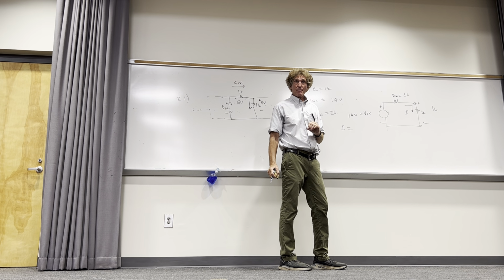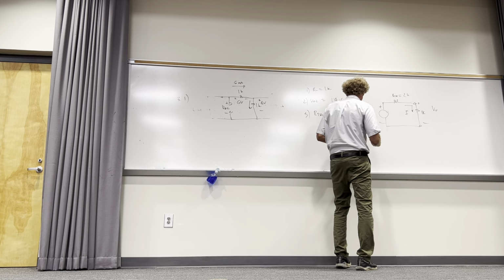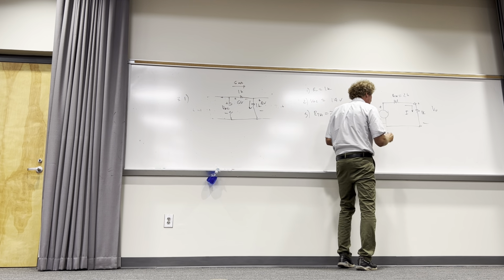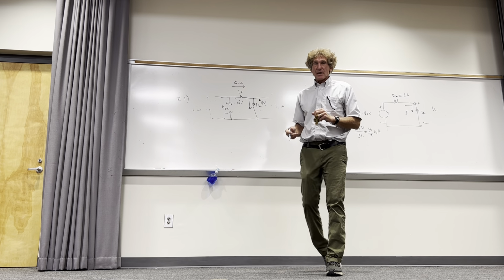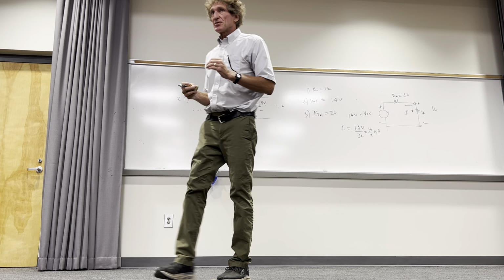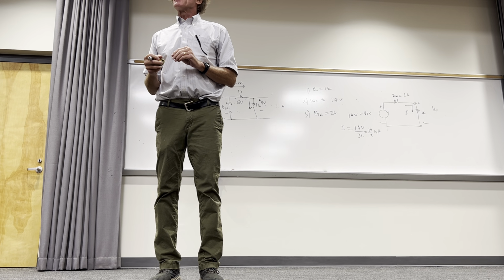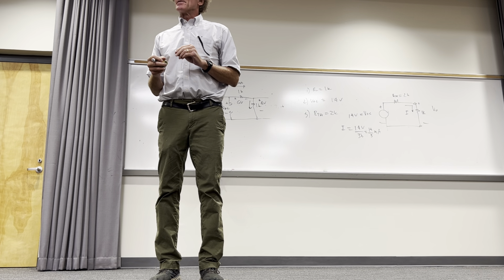Does everybody see that? Specifically for this one, it's 14 volts divided by 3K, or 14 over 3 milliamps. And that would be the answer to that one. But it's important that you have an appreciation of how to do this. Now I'm going to show you a couple of other things that are very important.